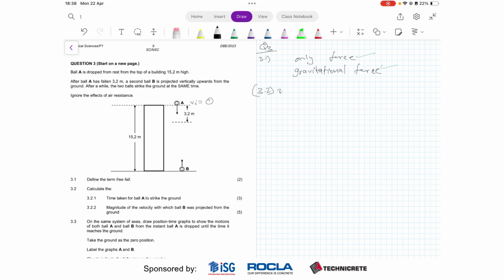3.2.1. Calculate the time taken for ball A to strike the ground. The easiest one we could use is delta y is equal to vi delta t plus 1 over 2a delta t squared, because we are looking for the value of t, and we know that the initial velocity of A is 0.